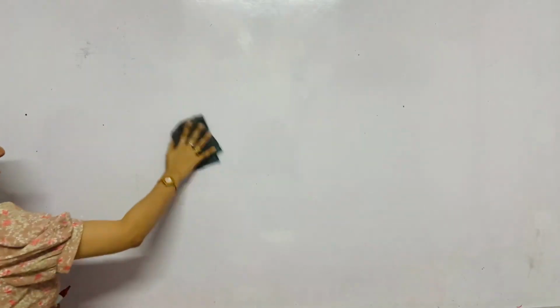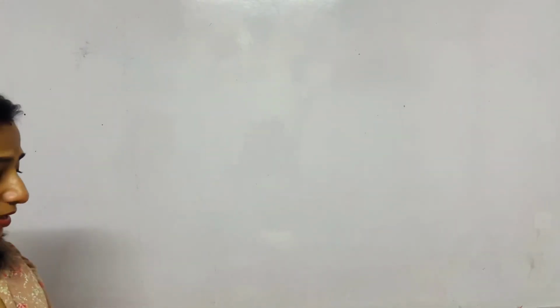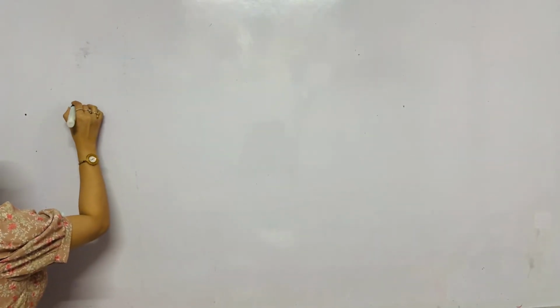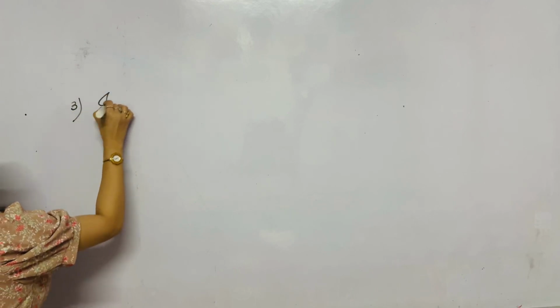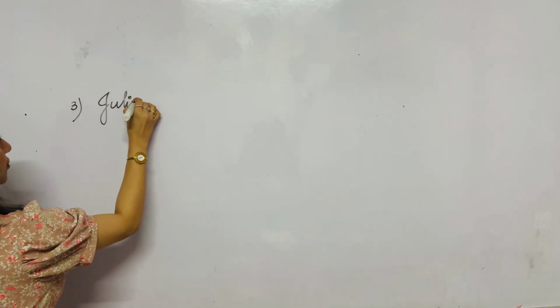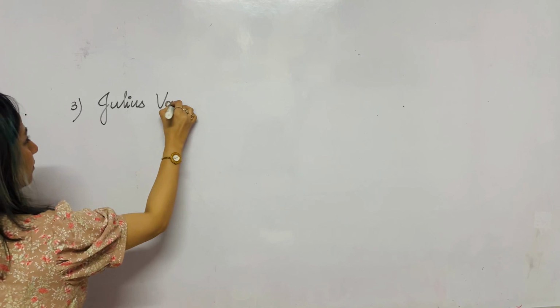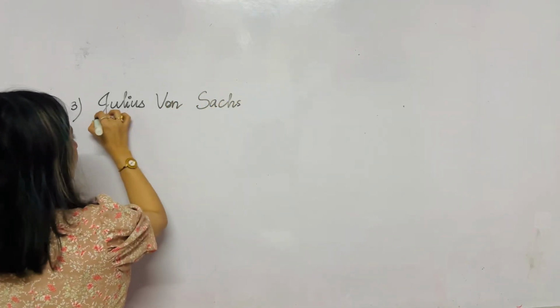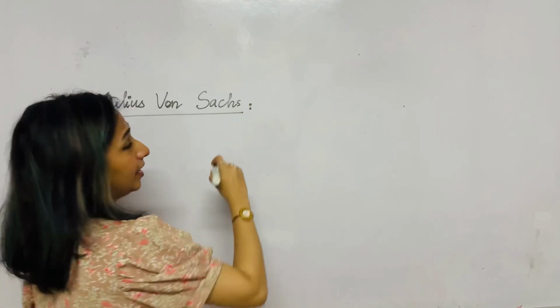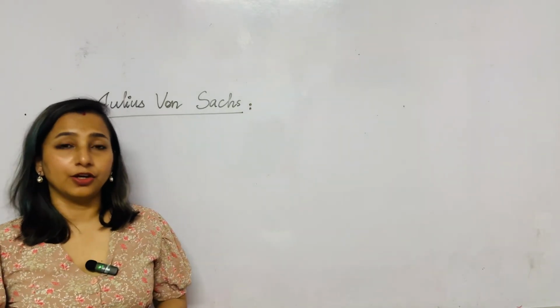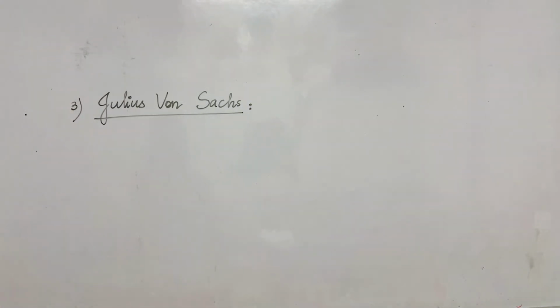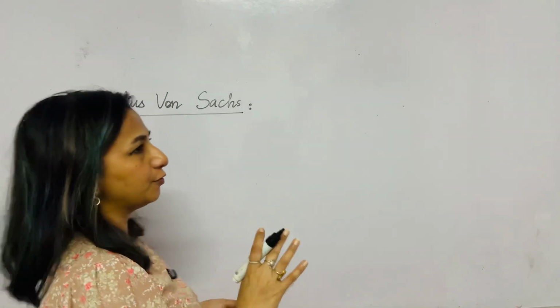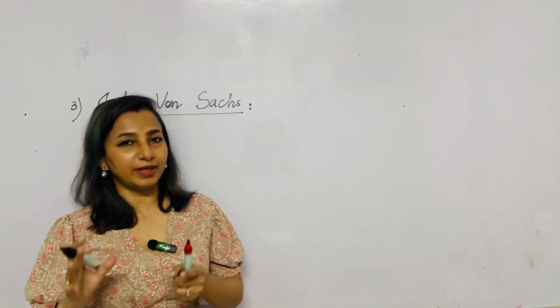After that, there was another experiment done by another scientist called Julius von Sachs. He made another important discovery. So it was actually Julius von Sachs in 1854. He was a German biologist.